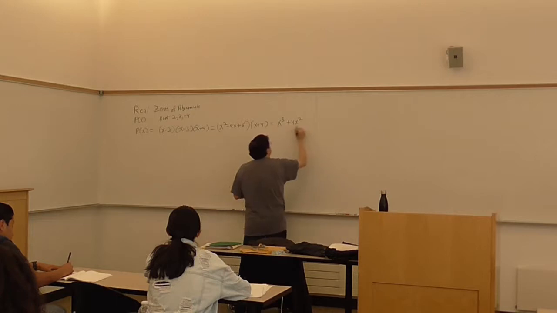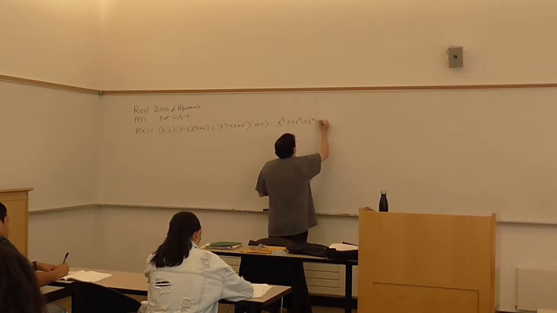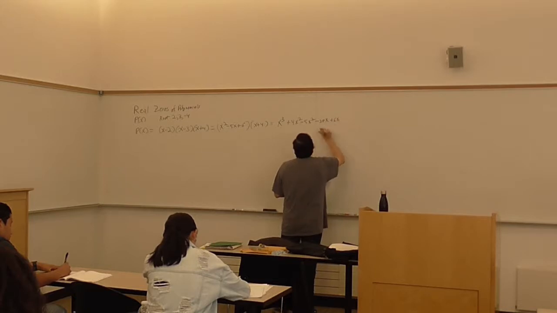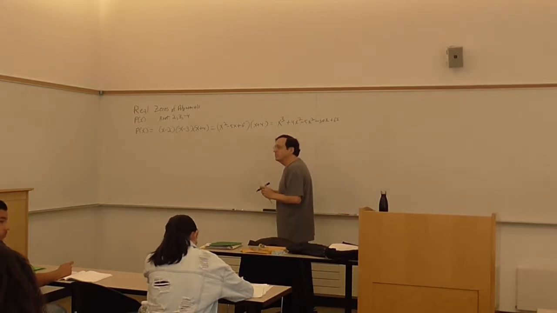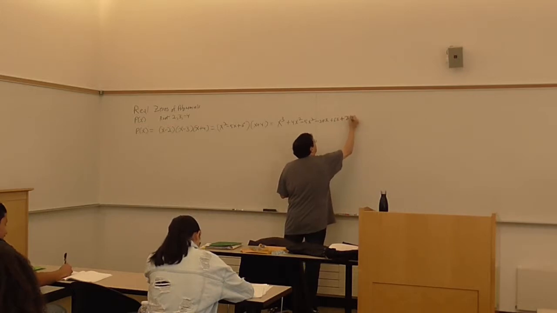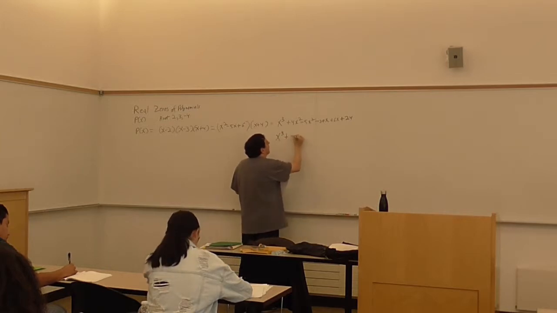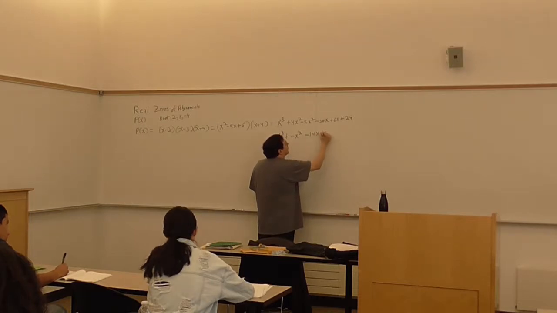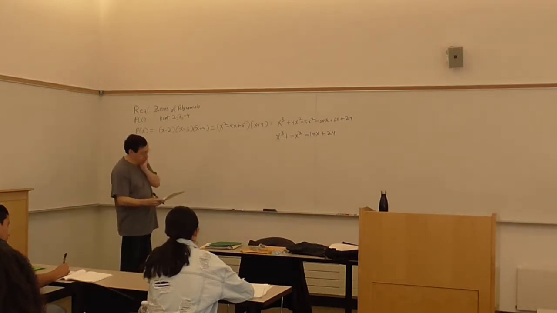Minus 5x times x is minus 5x squared. Minus 5x times 4 is minus 20x. And 6 times x is 6x. Did I do something wrong already? Oh, okay. So we simplify this: x cubed minus x squared minus 14x plus 24.